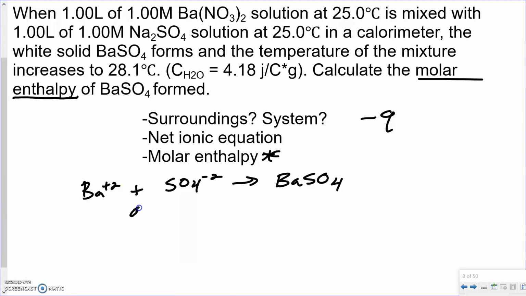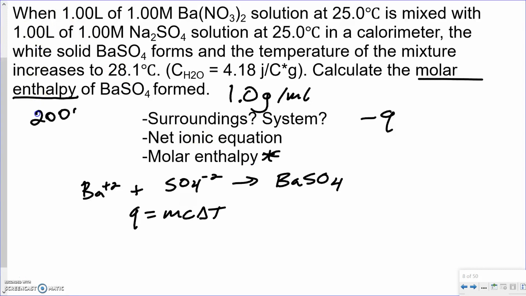So Q equals mc delta T, where m is the mass, and again we're going to use our volume here, recognizing that it is an aqueous solution, so our density is 1 gram per milliliter. Okay, so we have 1 liter, which is 1,000 milliliters, plus another 1 liter, which is another 1,000 milliliters.